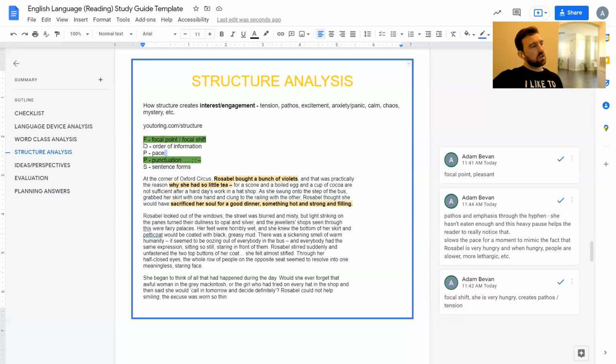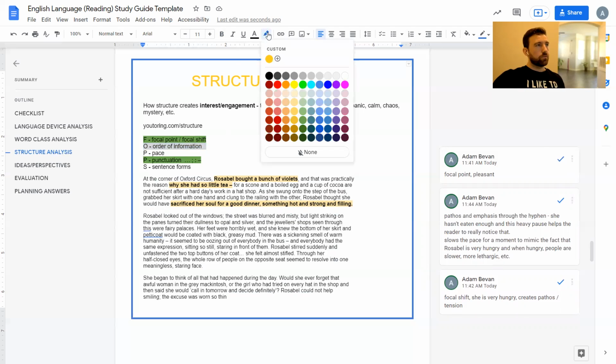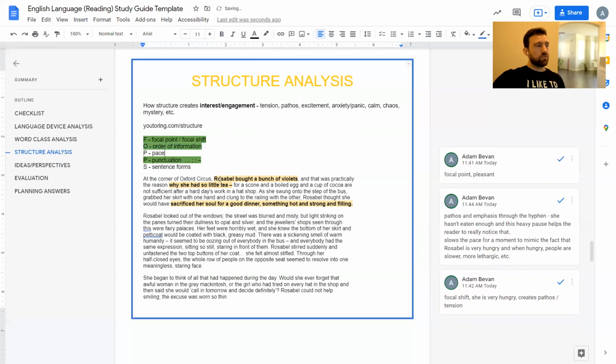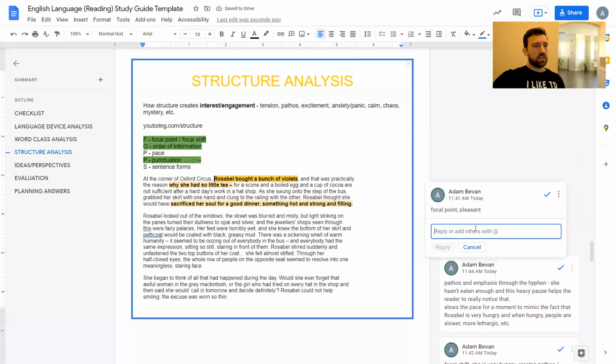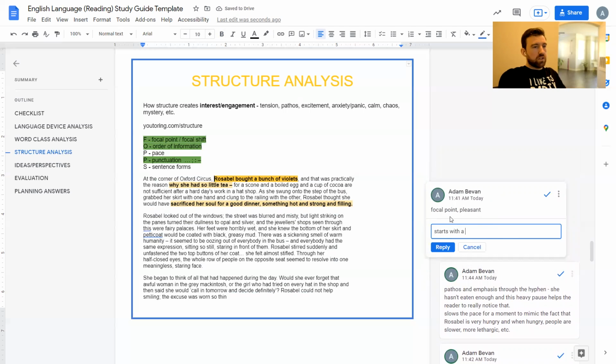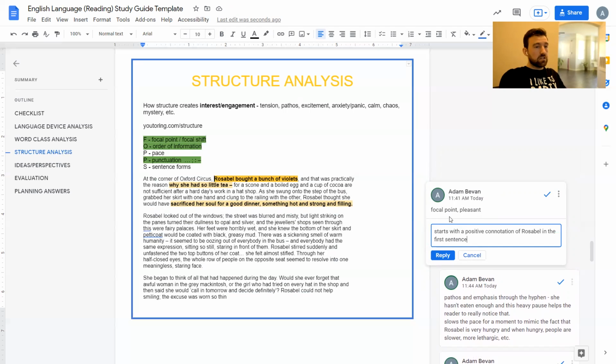Now, the only other thing that we subtly talked about is order of information, because at the beginning of the paragraph, we have this positive, let me just add that actually. So it starts with a positive connotation of Rosabelle, literally in the first sentence.